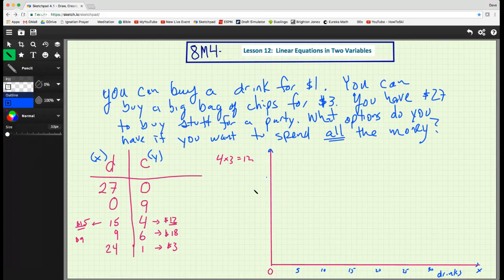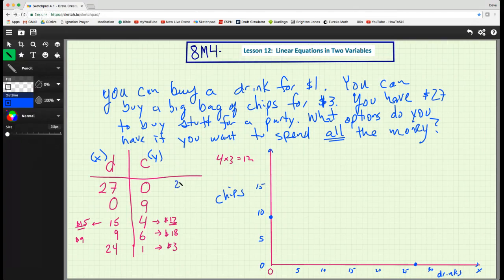So this is our x and this is our y. Right? So our chips, 0, 1, 2, 3, 4, 5. 1, 2, 3, 4, 5 is 10. 1, 2, 3, 4. Okay, so we can buy 27 drinks and 0 chips, or we could buy 0 drinks and 9 chips, right?